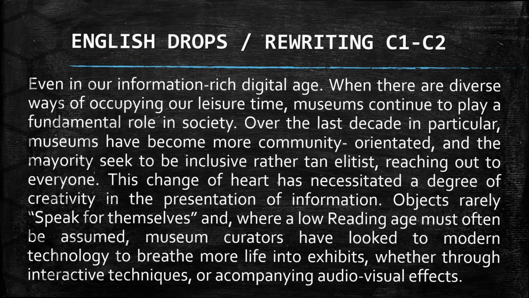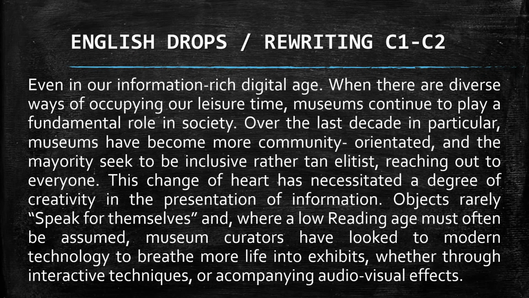So the first thing that we will have to do is try to find out the main idea or the main ideas from this test. In a second reading, we will find this very interesting. We will find that museums have become more community-orientated, and also that the majority seek to be inclusive rather than elitist, reaching out to everyone.